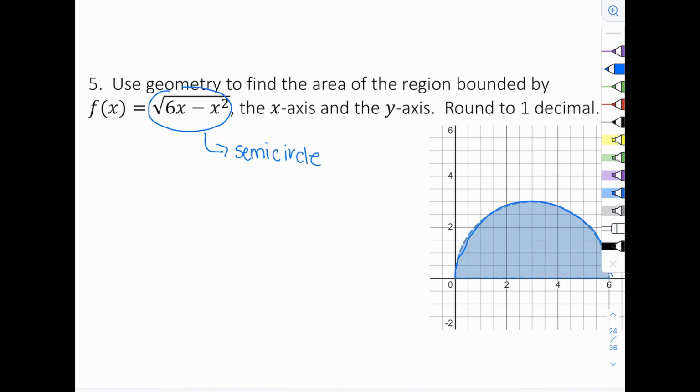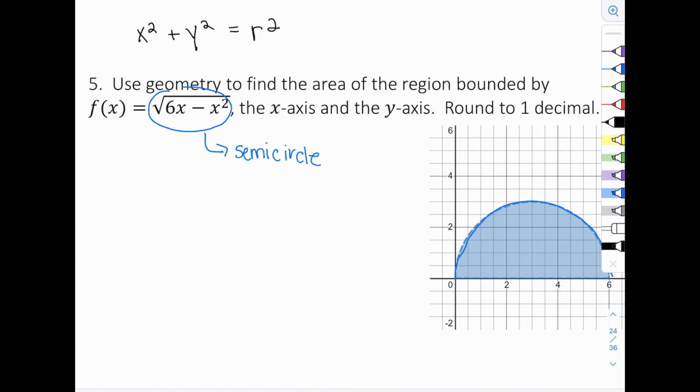The reason that this is what a semicircle would look like is, and we're not going to cover this too much in this class, but just as a quick recap, a basic circle centered at 0, which this one is not, would be x squared plus y squared is equal to the radius squared. This is the basic equation of a circle.